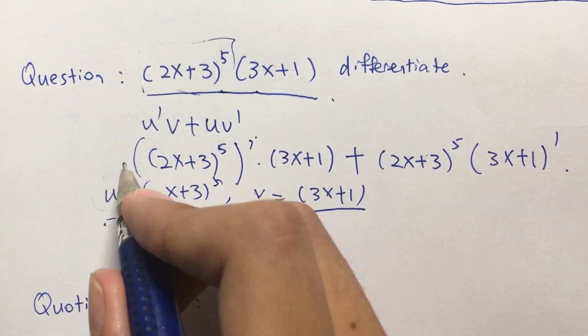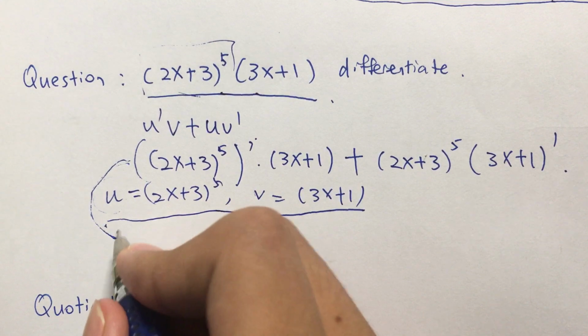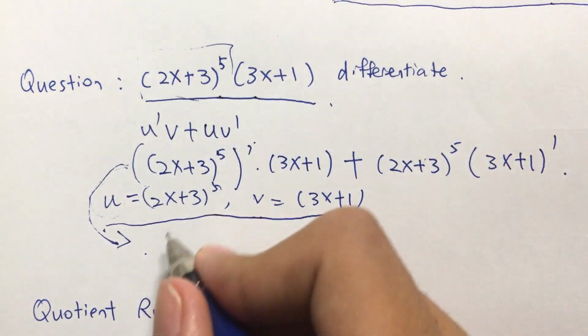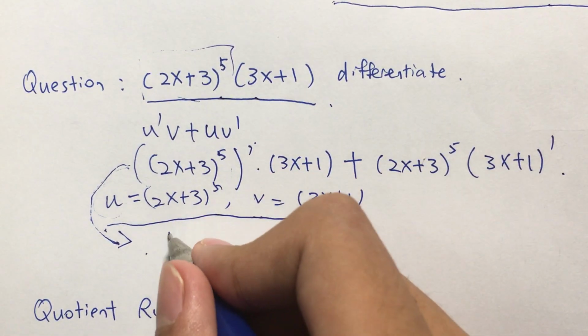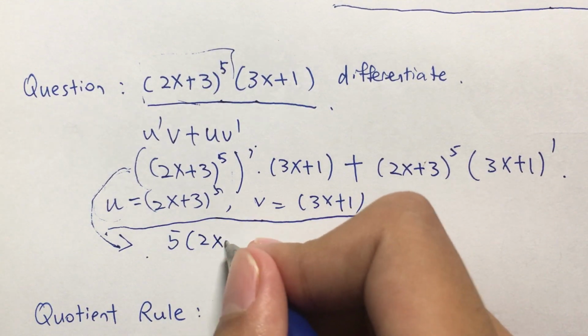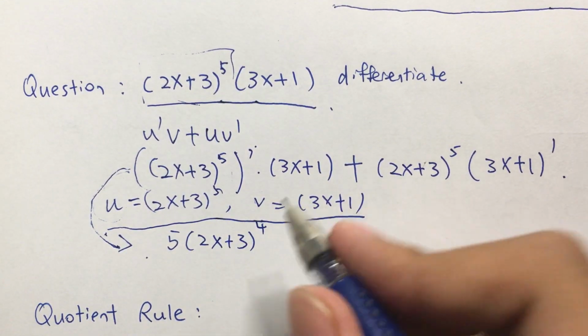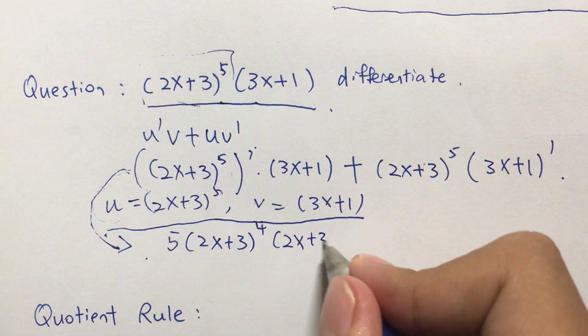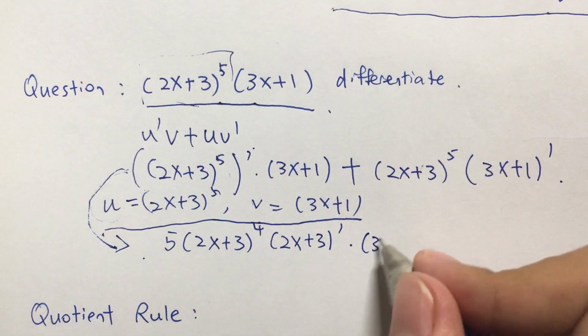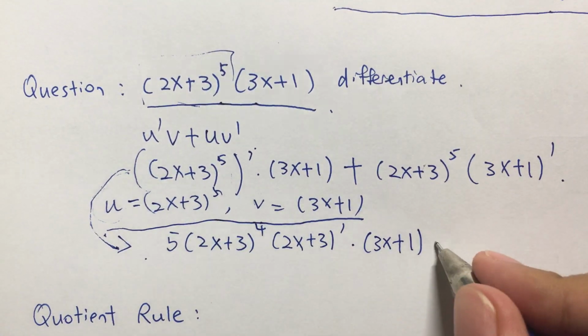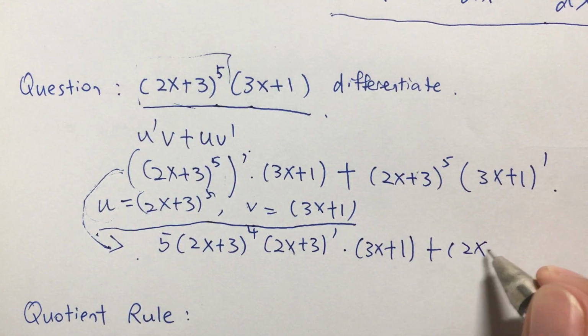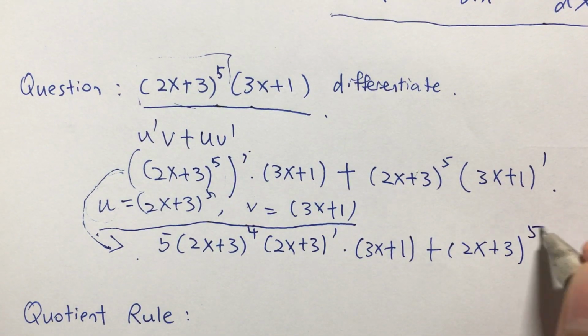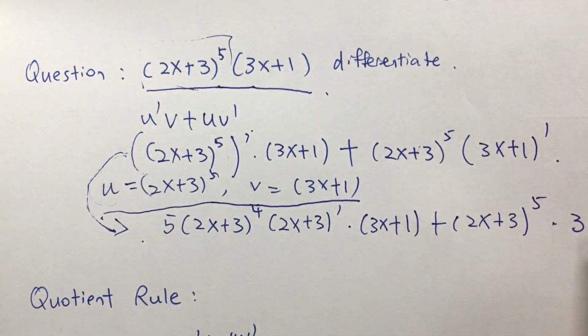And now let's simplify this, which will become 5 times (2x plus 3) to the power of 4 times (2x plus 3) dashed times (3x plus 1), plus (2x plus 3) to the power of 5 times 3.